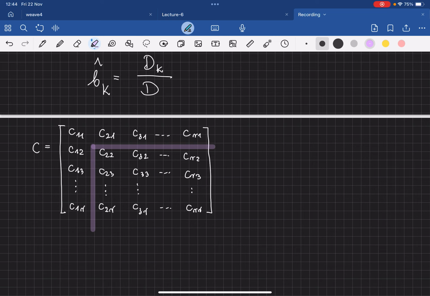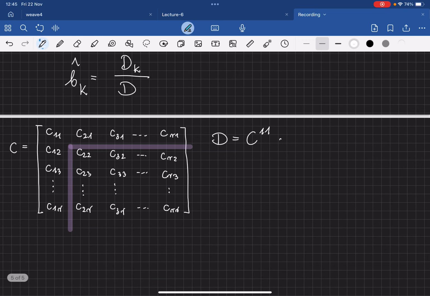Therefore, we can write down that D is an algebraic complement of the element C11 of the full covariance matrix. I will write C11, and when indices are up there, it means that it is an algebraic complement.